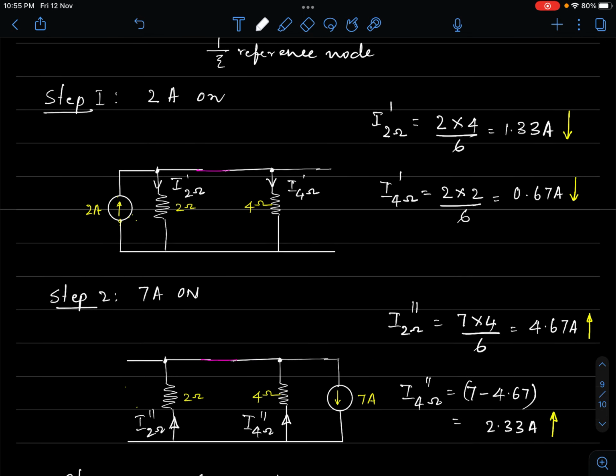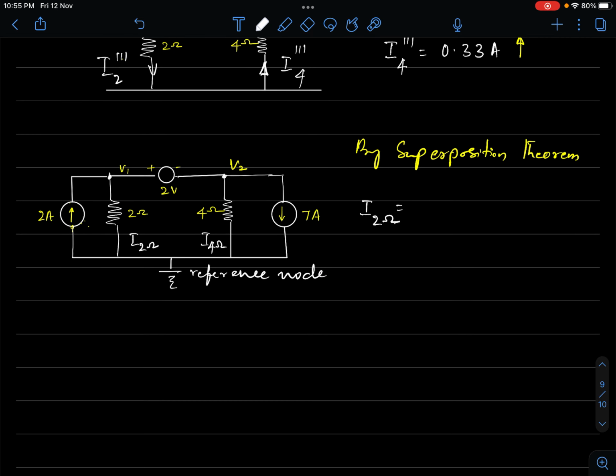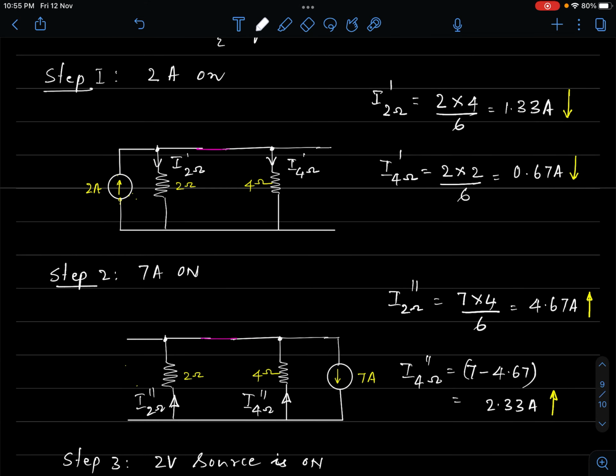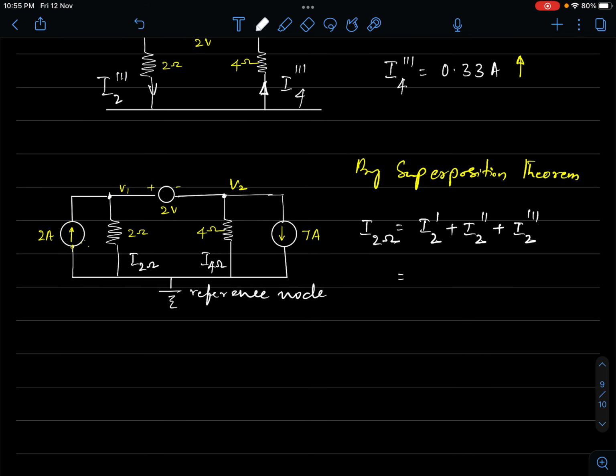I through 2 ohm. Simply I'll take 1 by 1. What I mean is this is I2 dash plus I2 double dash plus I2 triple dash. That's what I mean. So I2 dash. What is I2 dash? I2 dash is a downward current 1.33.